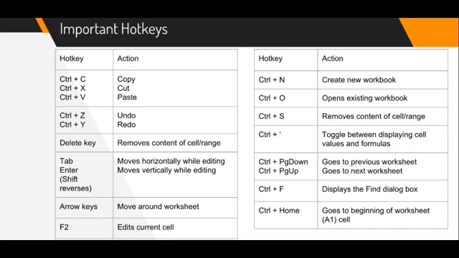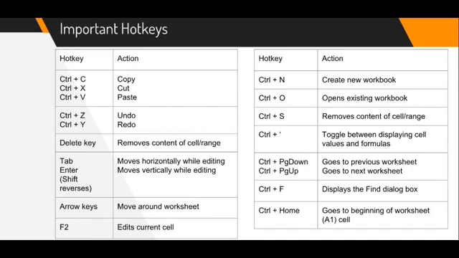Excel, like any other program, has hotkeys to facilitate and to make your job much quicker. Like everything is a couple of keystrokes away. So the famous hotkeys, and these should go for every program and every operating system: Control plus C for copy, plus X for cut, plus V for paste.